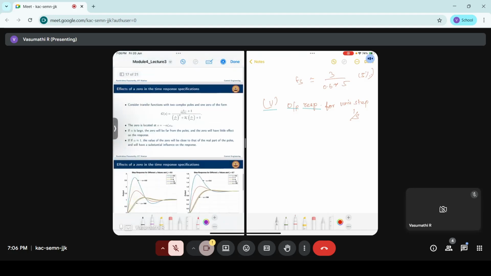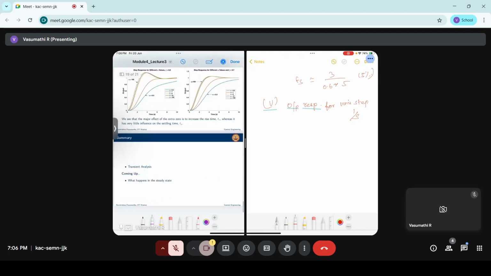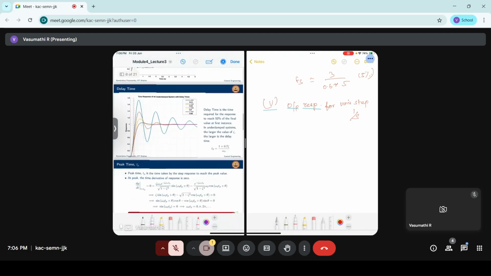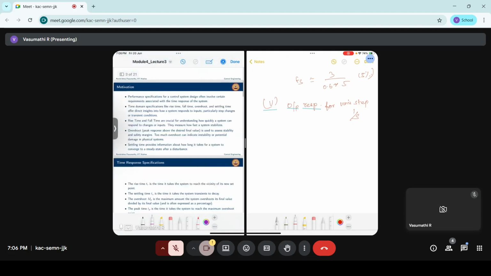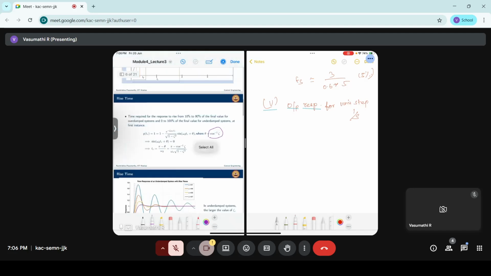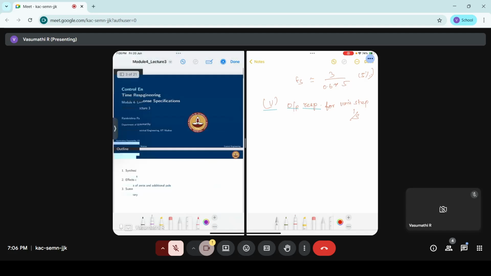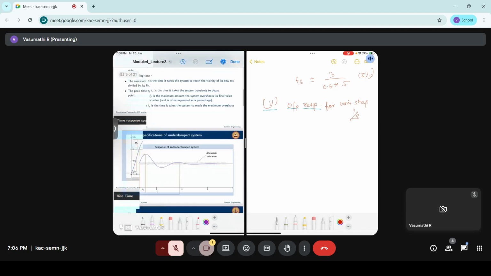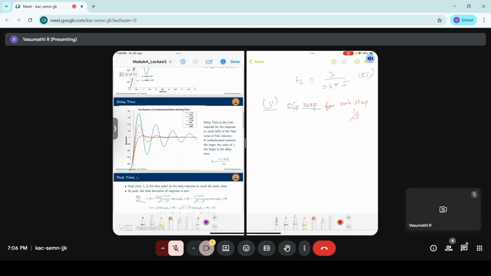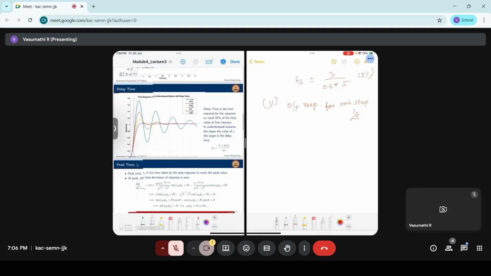The formula for that. I couldn't find the formula. Just the output response they have asked.